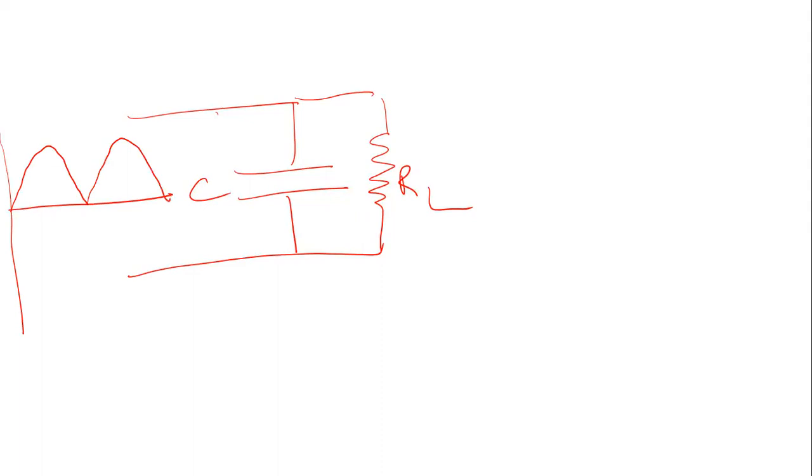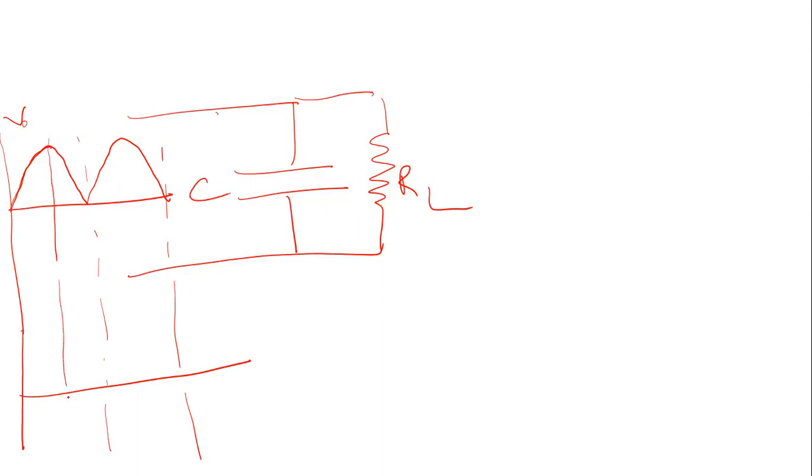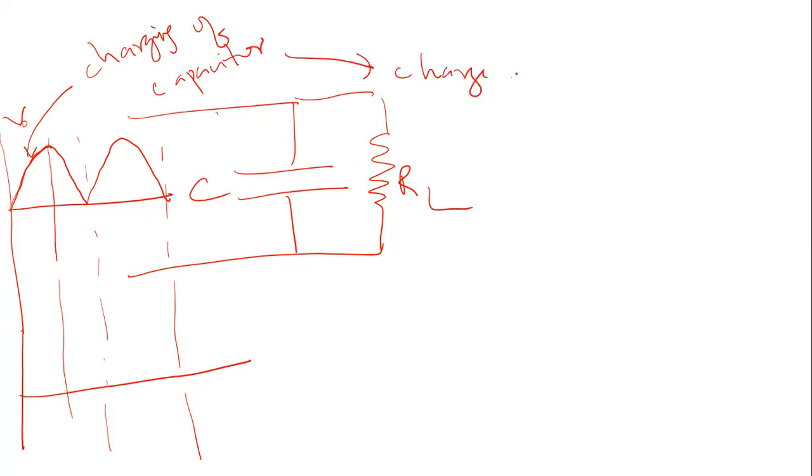Now, what happens is that when the output voltage is increasing like this, in this interval, as the voltage appearing across the capacitor increases, this will result in charging of the capacitor.